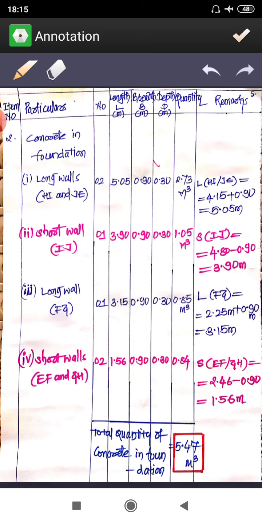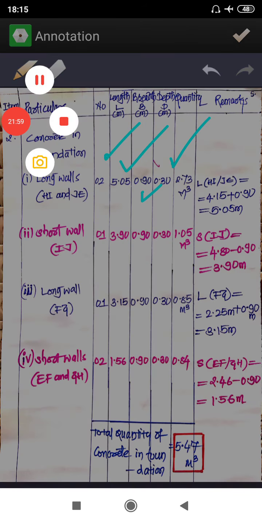Now long walls HI and JE, two numbers, the length will remain the same as the previous quantity, right? And the width is the same, 0.9, but the depth is 0.3. Now how have I got that 0.3?